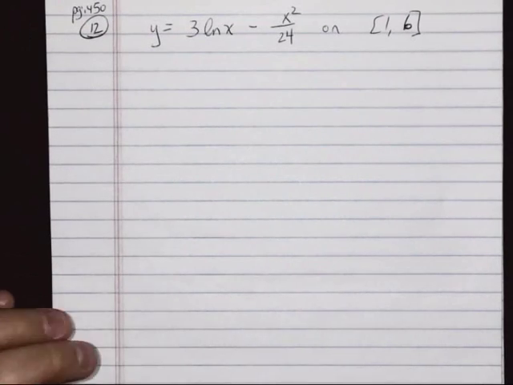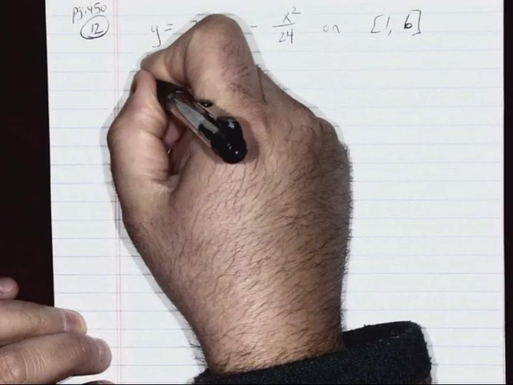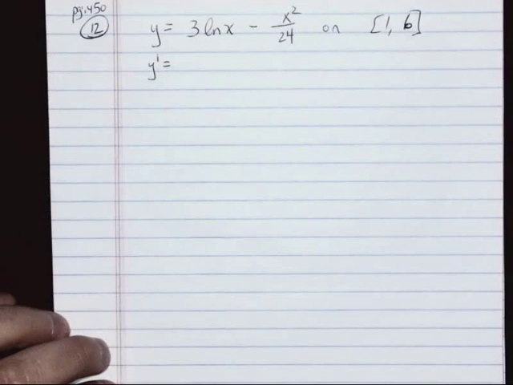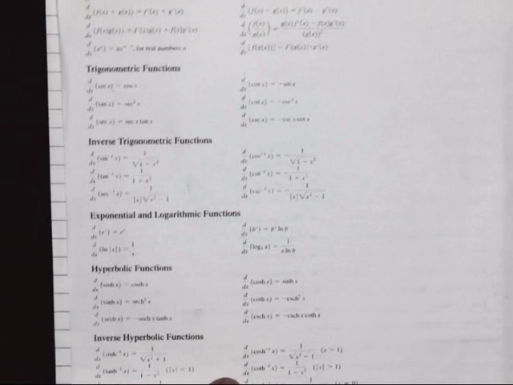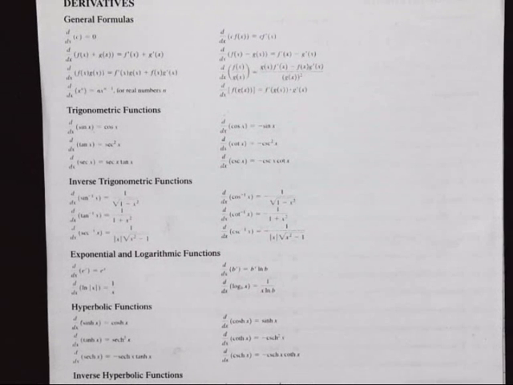Alright, so let's find the derivative. Remember that the derivative of ln of x is 1 over x, and so you want to probably still use the table of derivatives that I gave you in Calc 1, which is also on Moodle, but it's kind of been a while since we've done a lot of derivatives.